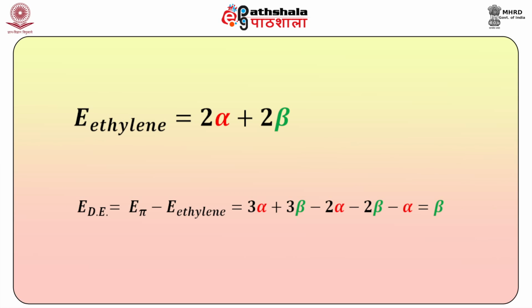That means cyclopropenyl radical is stable by a factor of beta in comparison to an isolated double bond and one carbon atom containing pi electron. So this would basically be the resonance energy, or we can also call it delocalization energy.